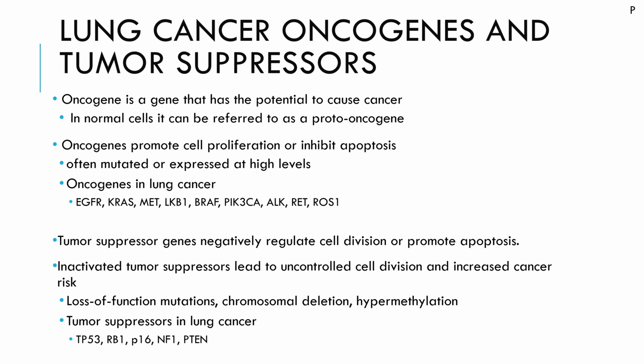Tumor suppressors, on the other hand, these tumor suppressor genes act to negatively regulate cell division or promote apoptosis. They're downregulators. They're brakes. Inactivated tumor suppressors lead to uncontrolled cell division and an increased cancer risk.